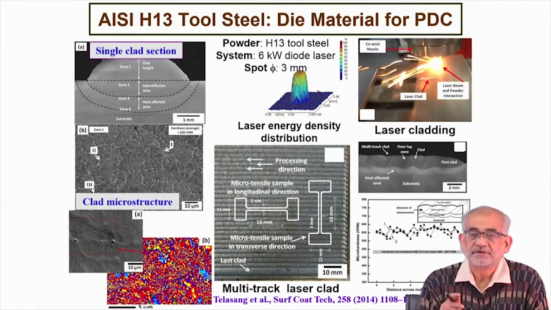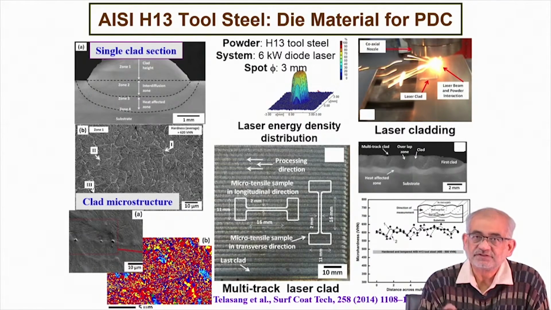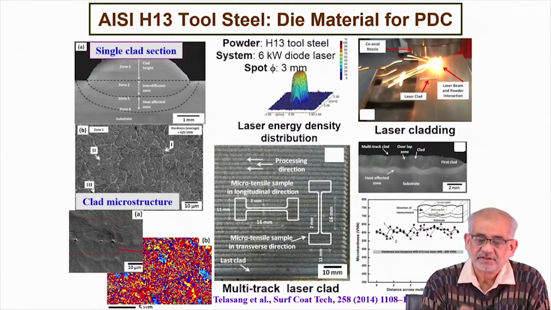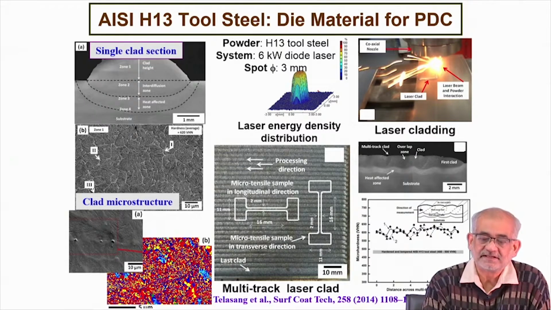But in order to restore the dimension, we used a material, usually in the form of a filler rod, which is very different in composition from the base substrate. Laser surface cladding allows you to create an overlay for dimensional restoration, repair or refurbishment with the same composition.